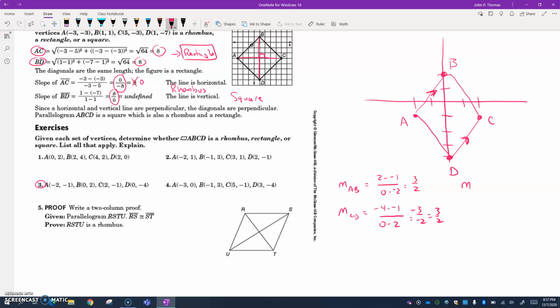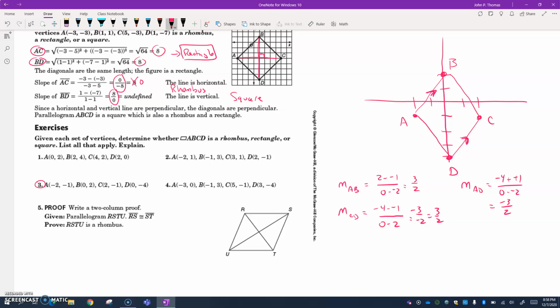So now I'm going to do the same thing on AD. The slope of AD: I'm going to have -4 minus -1 over 0 minus -2, which is going to give us -3 over 2.